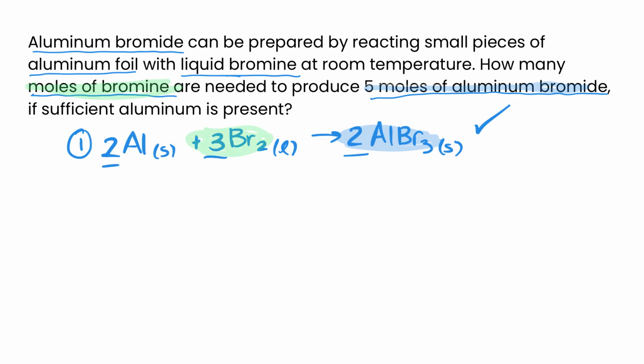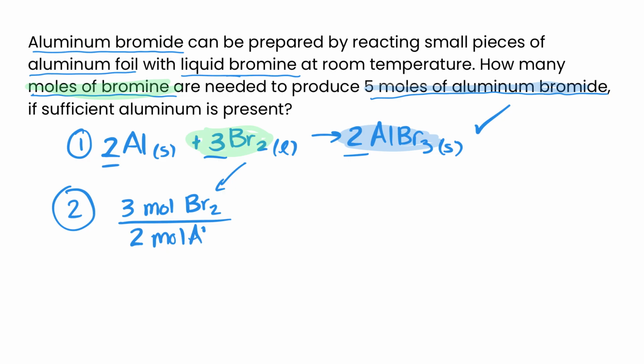And we're given moles, so we're going to set up our mole ratio at this point. Remember, setting up our mole ratio, we're going to set up our known values on one side. So 3 moles of Br2 produces 2 moles of AlBr3. And then we're going to set up our values from our problem.